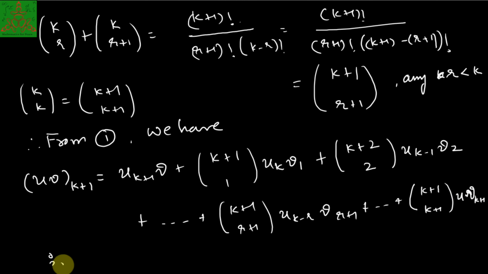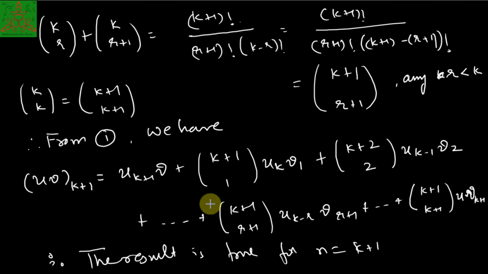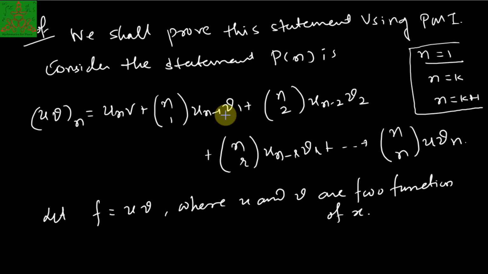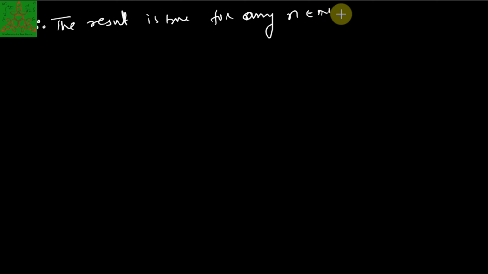And therefore we can say the result is true for n equal to k plus 1. You can observe that whenever n is there in our result, we have k plus 1 over there. So therefore the result is true for any n belonging to N using PMI.